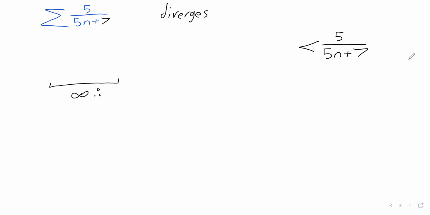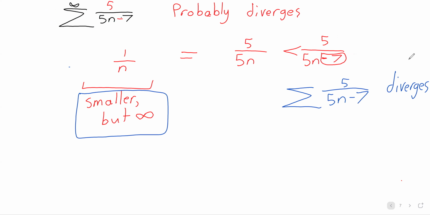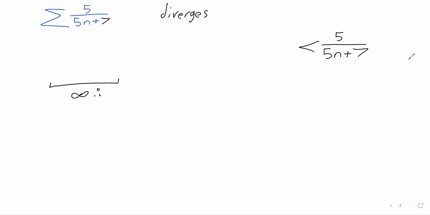And that's the difference between this and the last problem. In the last problem, we had subtraction. We just got rid of it to decrease the denominator. Here we can't get rid of this +7.